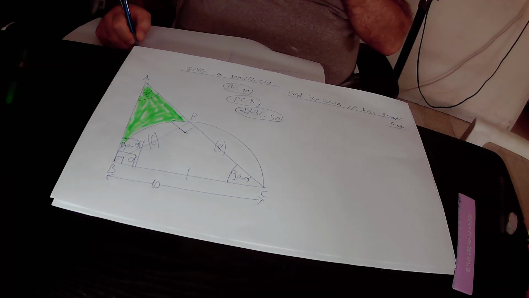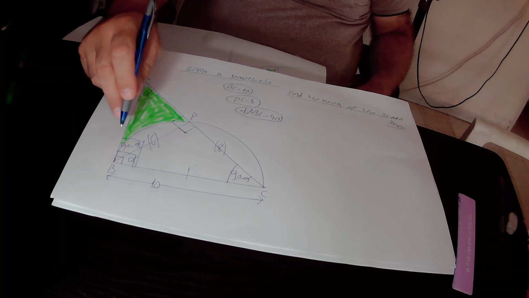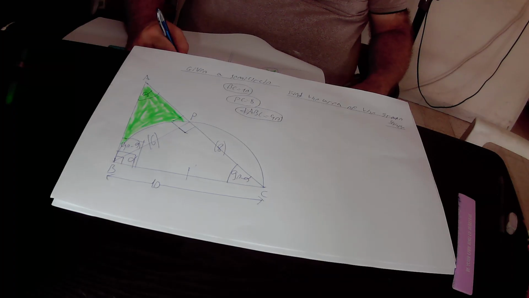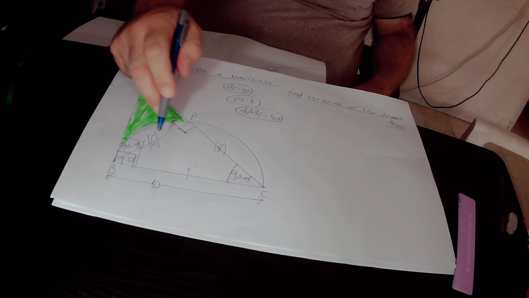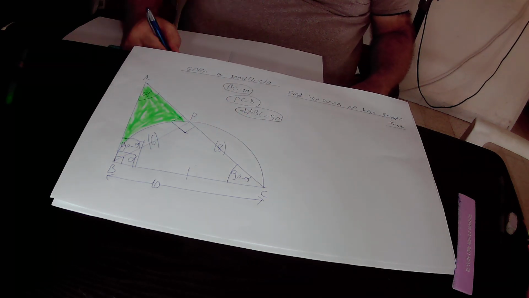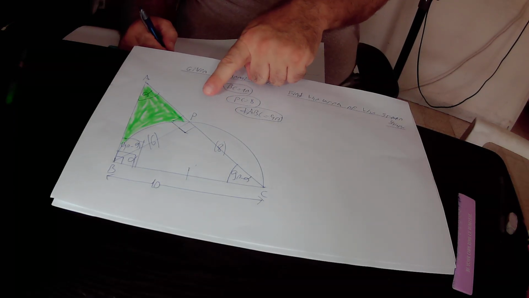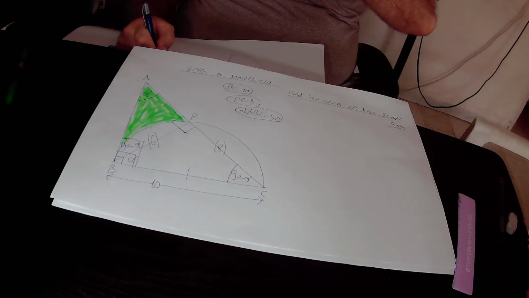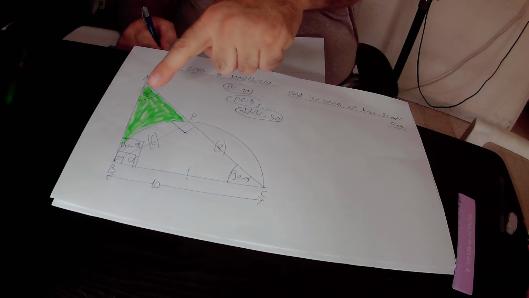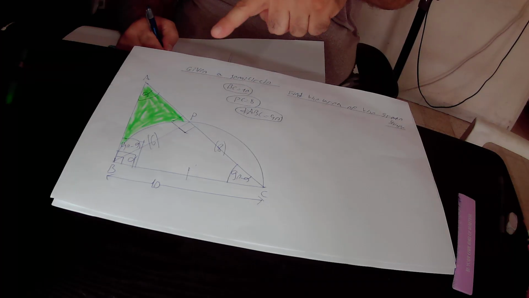We will derive that side AB of the right triangle APB over side BC of the right triangle BPC is equal to side AP of the right triangle APB over side PB of the triangle PBC.